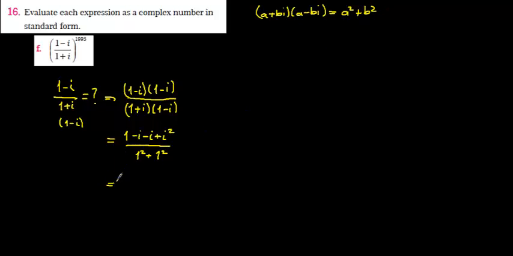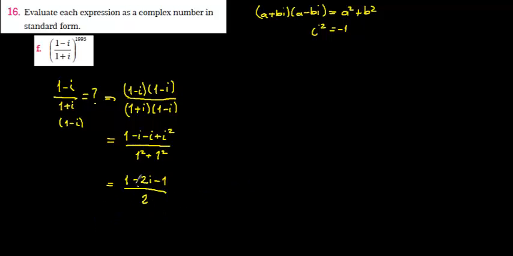Then minus i minus i is equal to minus 2i. i squared, we know, is equal to minus 1. That's why it's going to be 1 minus 1 over 1 squared plus 1 squared, which is 1 plus 1 equals 2.